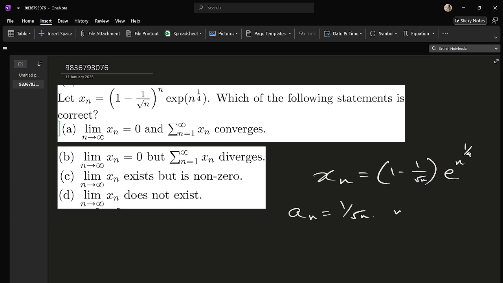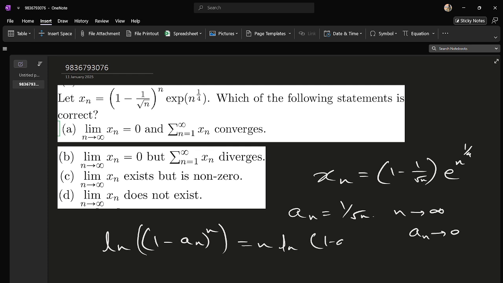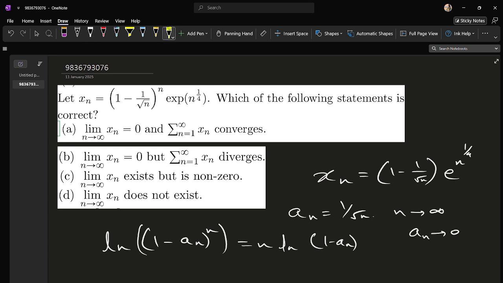As n tends to infinity, an goes to 0. Taking the logarithm, ln of (1 minus an) whole to the power n is n ln(1 minus an). We are now only thinking about this part.